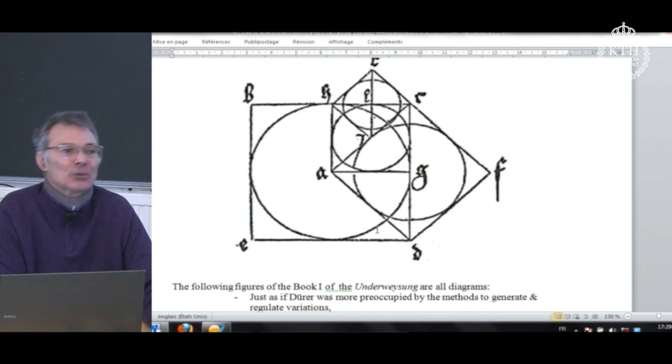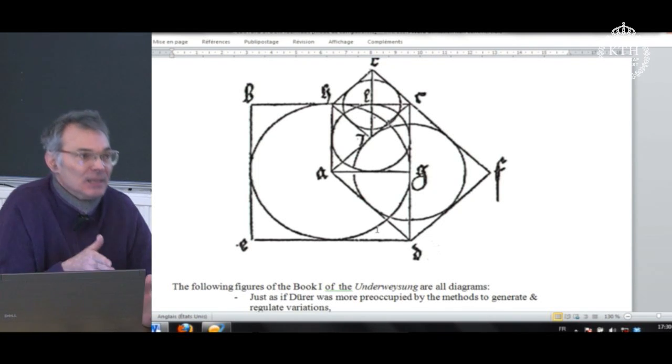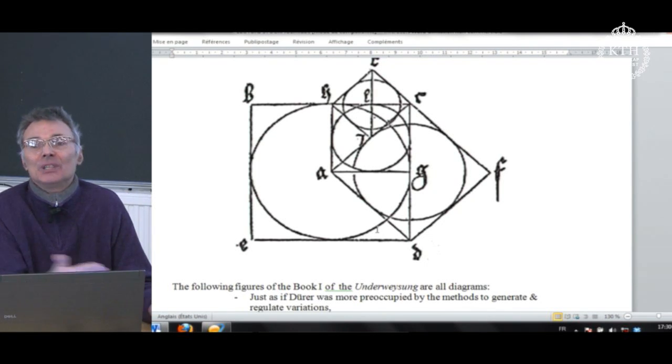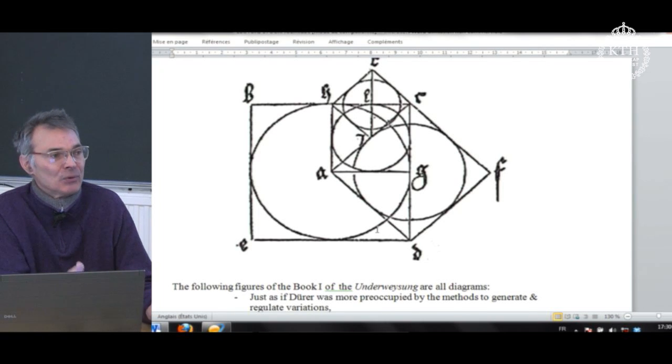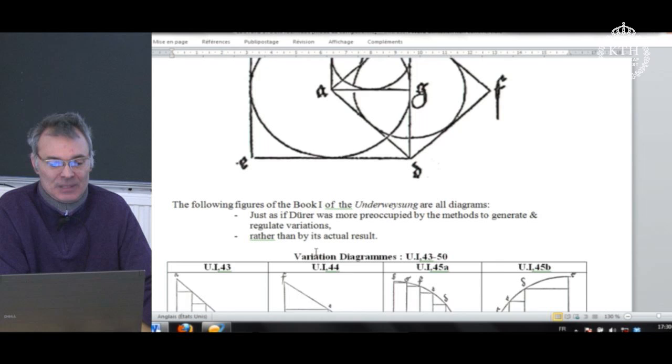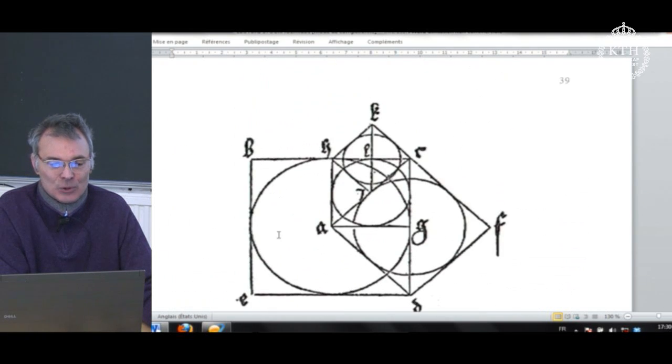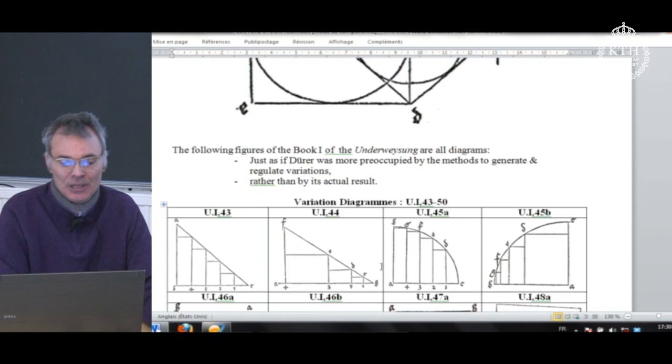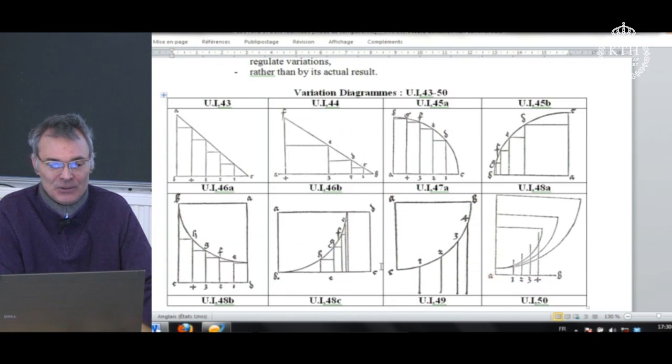So now, because Dürer is not showing us the snake line, we have to interrogate the few figures that he has provided us with, and especially the diagrams that he showed us. What you have to understand is that just after the instrument comes another series of actually more than 12 diagrams that you can see here.